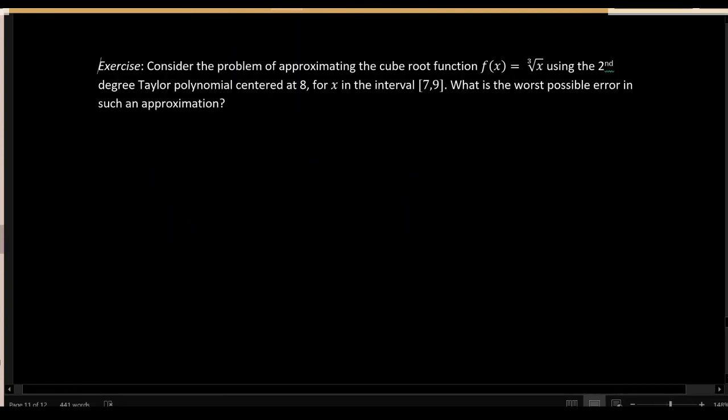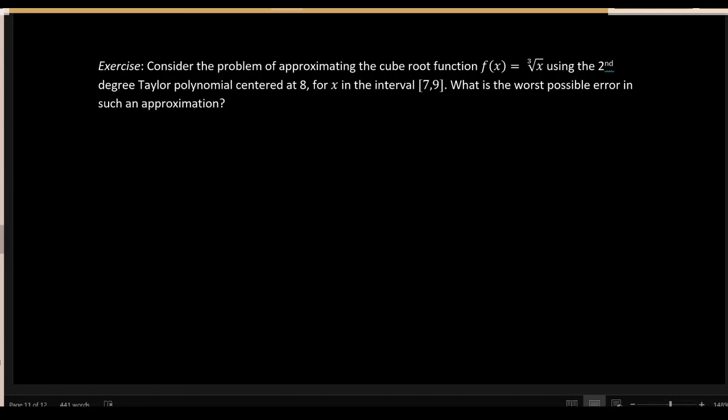As a final example, I would like to consider the problem of approximating the cube root function, cube root of x, using the second degree Taylor polynomial centered at 8, for x's which are in the interval from 7 to 9. If we did such a thing, what would be the worst possible error that we could incur with such an approximation?